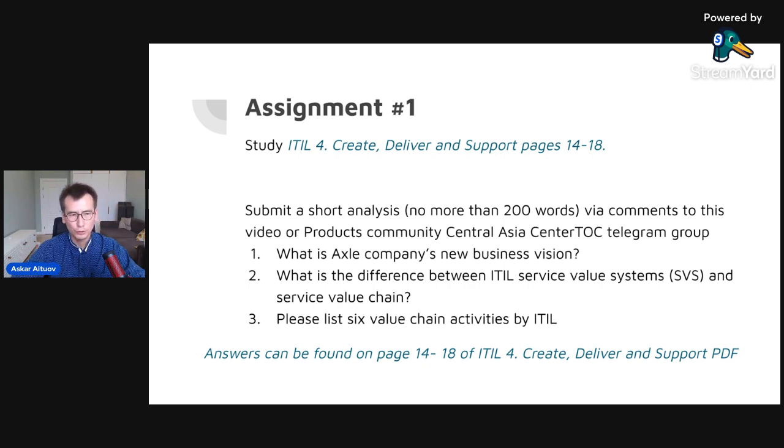It's super short. In your analysis, describe the company's new business vision. What's the difference between the ITIL service value system and the value chain? And please list the 6 value chain activities which are outlined by ITIL.